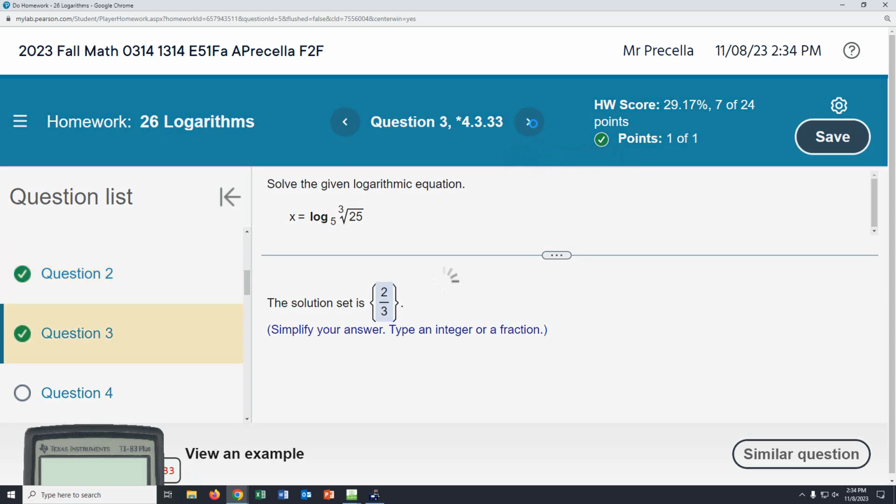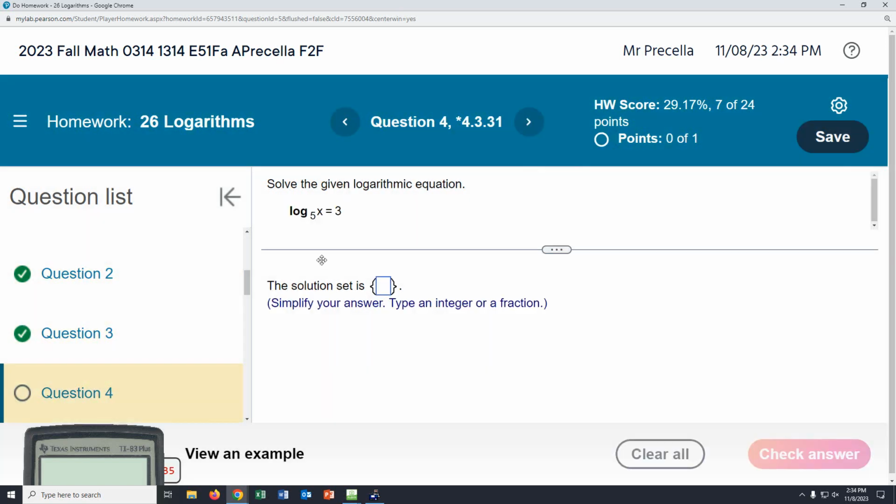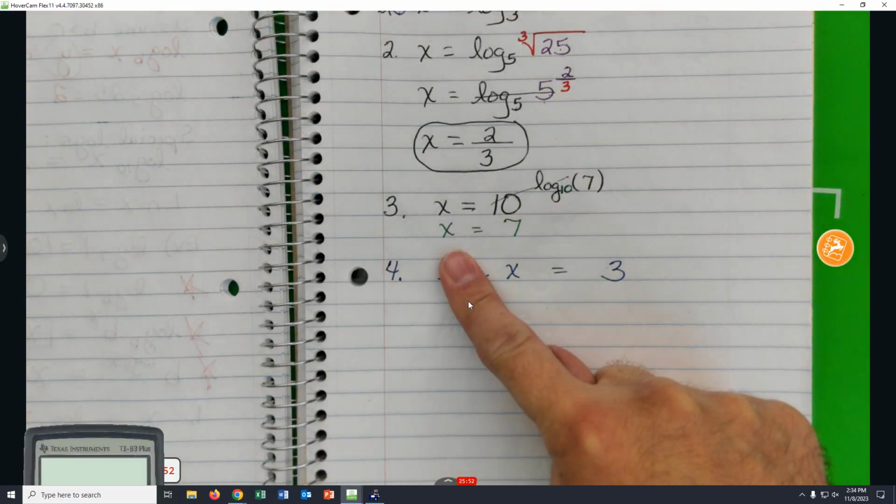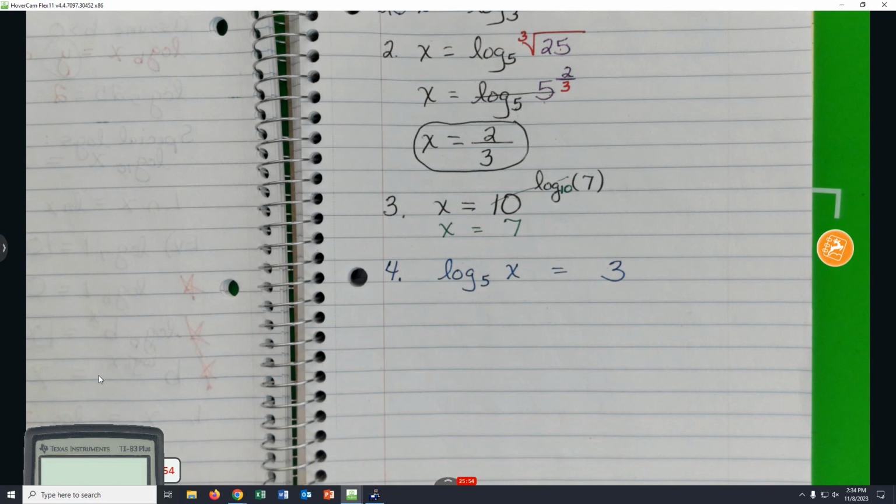But here on problem number 4, the x isn't by itself. If we're going to solve an equation, we've got to ultimately get x equals a number. Well, the x isn't solved for. See, we have all that log base 5. So somehow, we need to get the x by itself to have x equal a number. How will we do that?